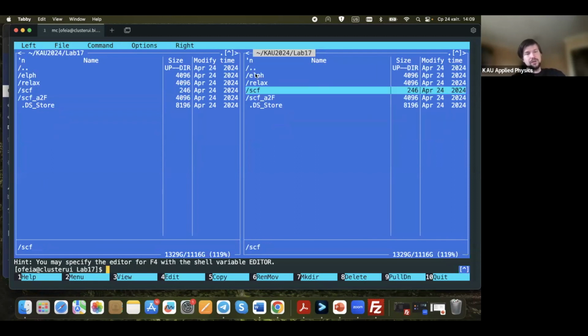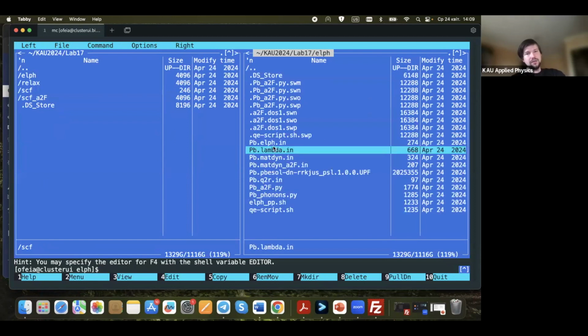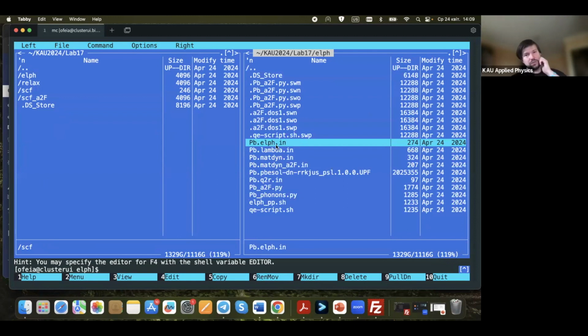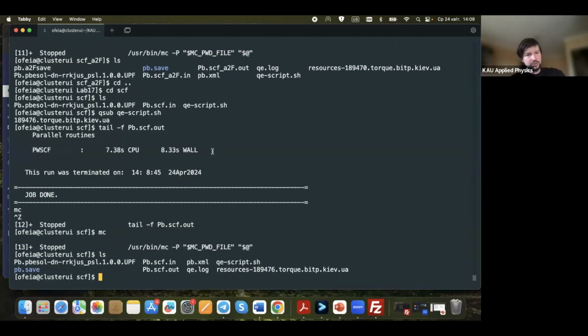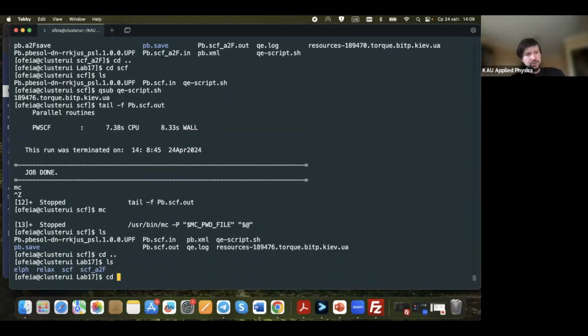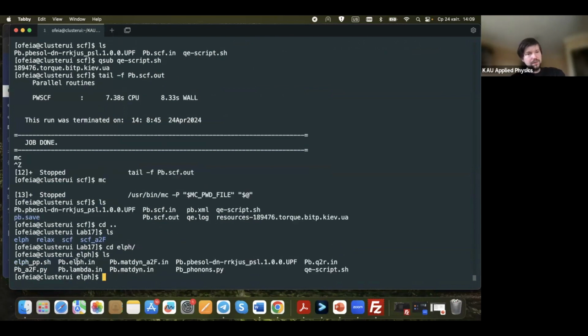So next step, this electron-phonon folder. We see here a lot of files. We see this elf.in, we see this lambda.in, or maybe I will show it like this. The elf.in file, boom.